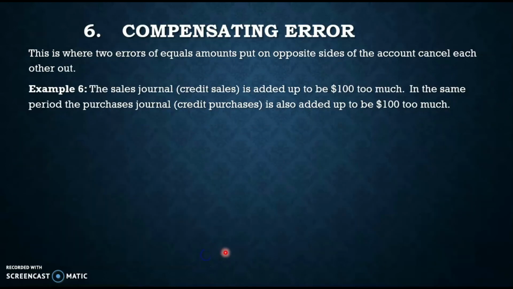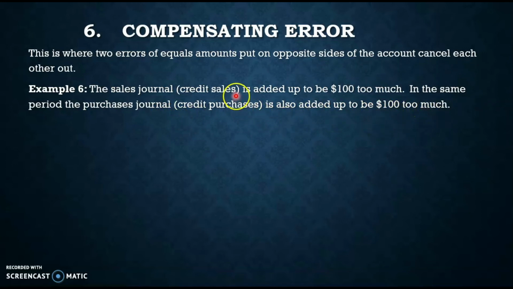So our sixth error is the compensating error. This is where two errors of equal amount put on opposite side of the account cancel each other out. So, for example, the sales journal or credit sales is added up to be $100 too much. In the same period, the purchases journal credit purchases is also added up to be $100 too much.